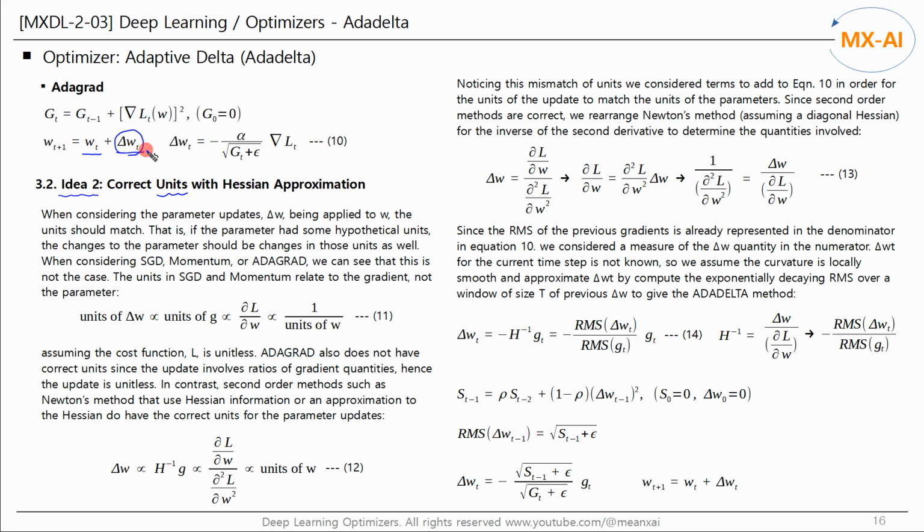When considering SGD, momentum or Adagrad, we can see that this is not the case. If W has units in meters, then delta W must also have units in meters. If the units of delta W are kilograms, then adding kilograms to meters makes no sense.